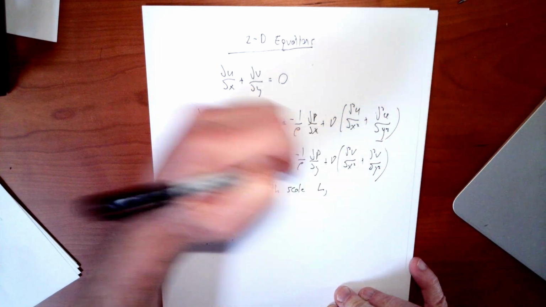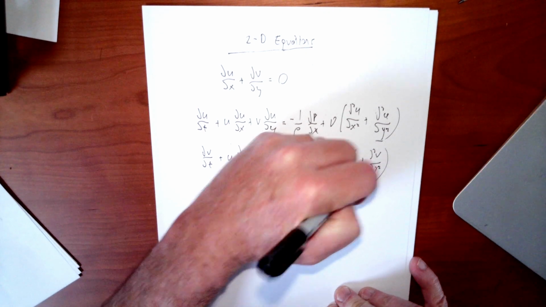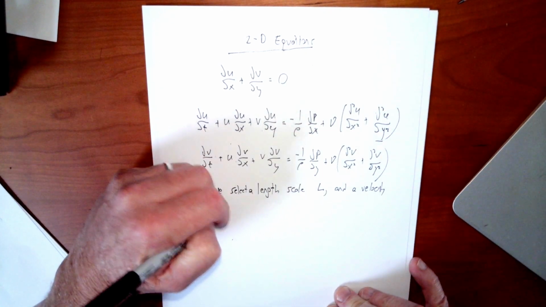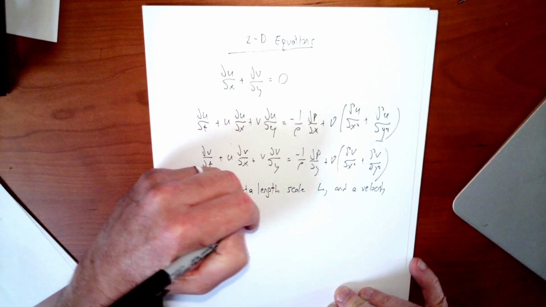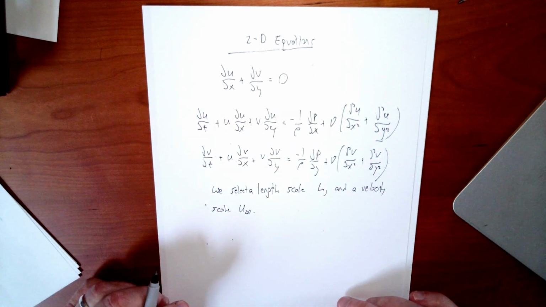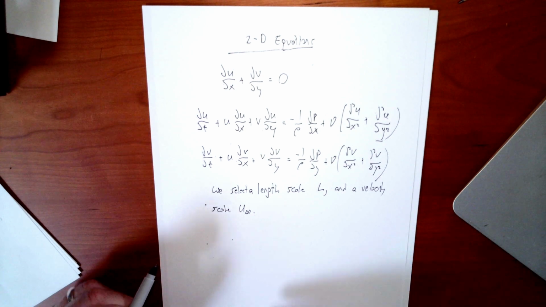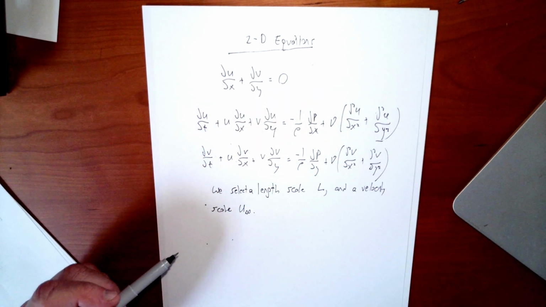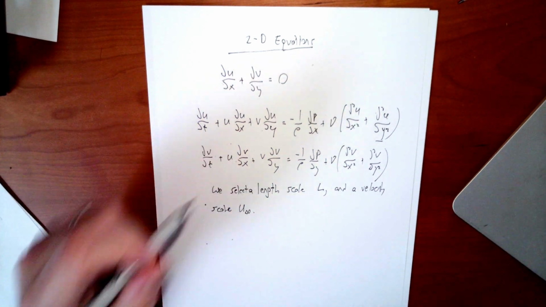And similarly, we're going to also choose a velocity scale. Again, I'm going to call that scale right now U infinity, but it doesn't have to be some free stream velocity. It could be any velocity that you could know in the flow, and that seems typical of the velocity scales in that flow.